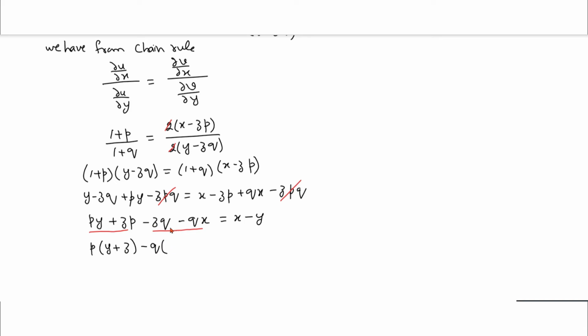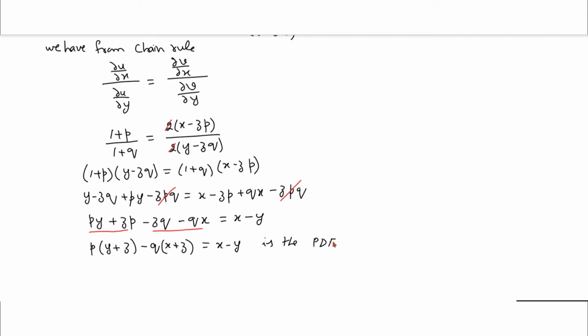If we take minus q outside, what value will I be left with? z plus x. So it will be z plus x, or I can write x plus z anyway, x plus z or z plus x. That will be equal to x minus y. So you can see that we have got the PDE where we have eliminated that function phi. So this is the required PDE.